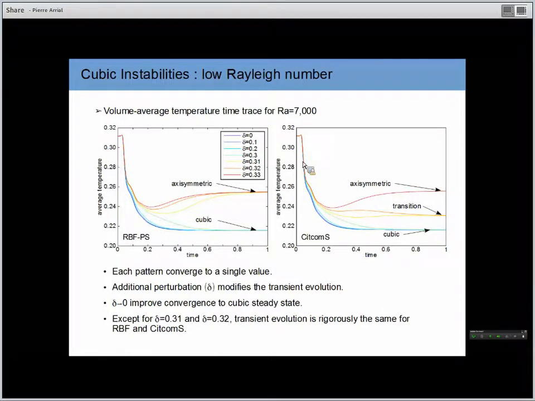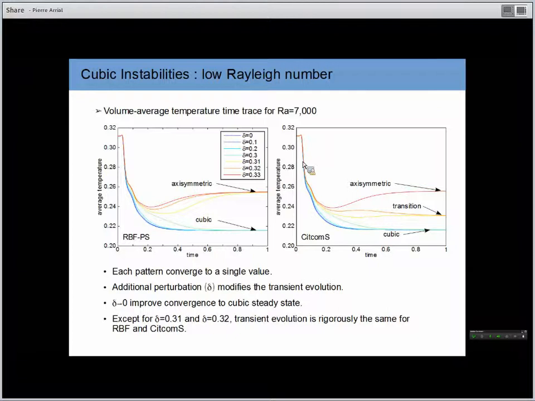When we increase this value, the impact is to decrease the amplitude of the four anomalies along the equator, and they are going to closely merge together. And at the largest value of delta, the initial condition corresponds to a pure axisymmetric initial condition. So we only have the left part of the spherical harmonics, only the Y4 0 symmetry.